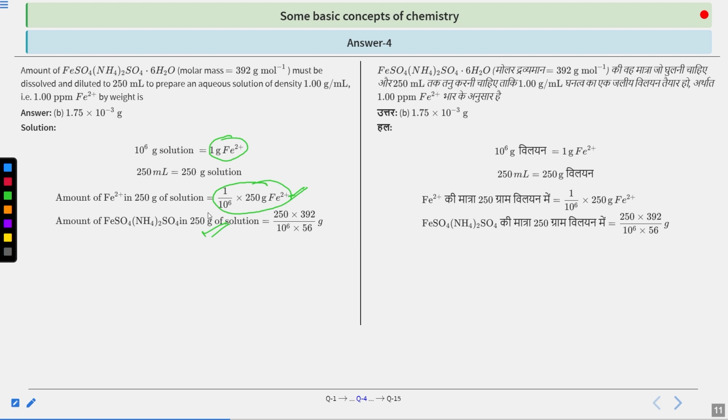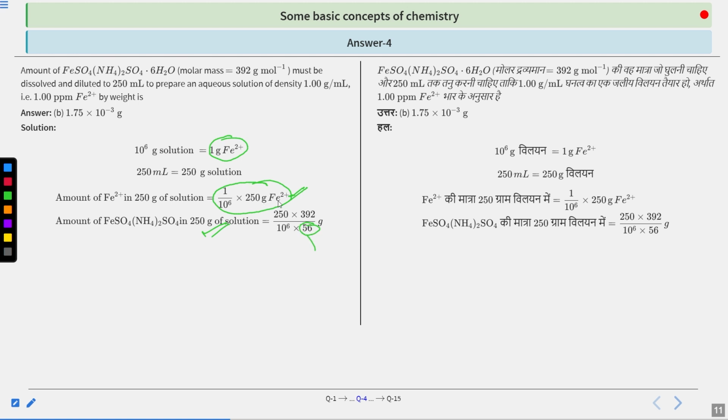Therefore, 392 gram of salt will contain 56 gram of iron.